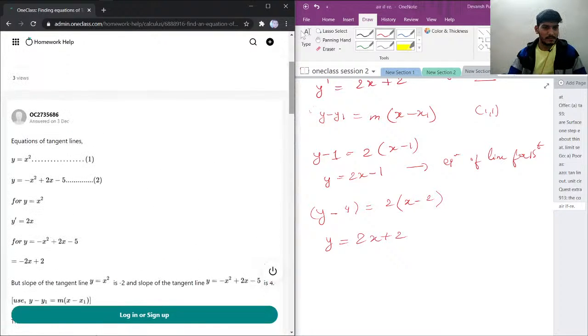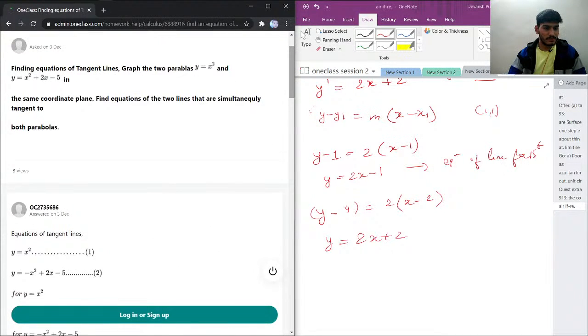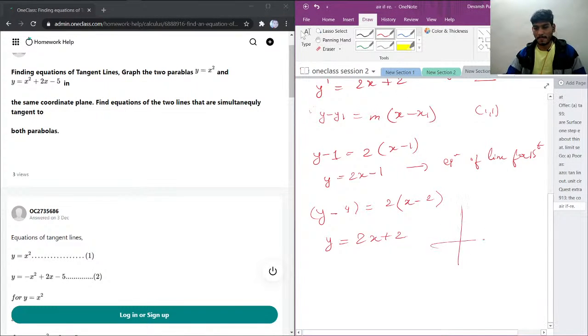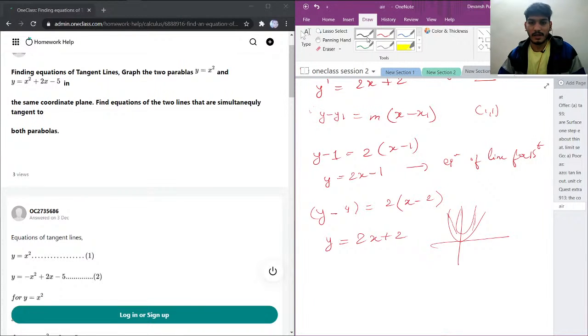Either there is a printing mistake in the question itself, because this should be y equal to x square and this should be y equal to, okay, so there is a printing mistake in question itself, because y equal to x square is going to be like this, and x square plus 2x minus 5 is also going to be something like this, and they cannot have a tangent line like this.